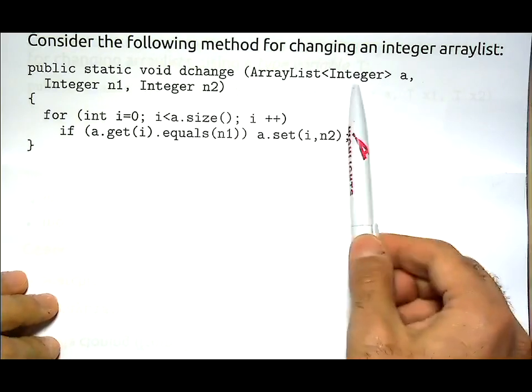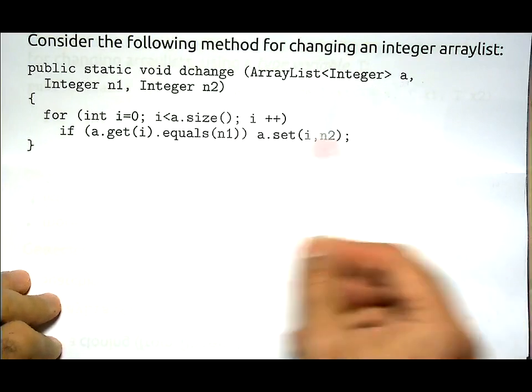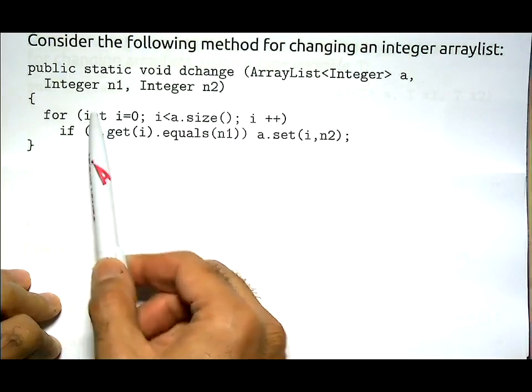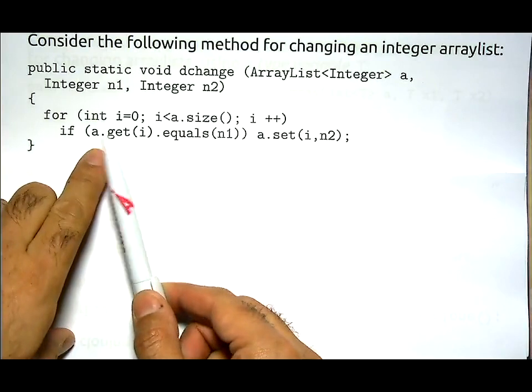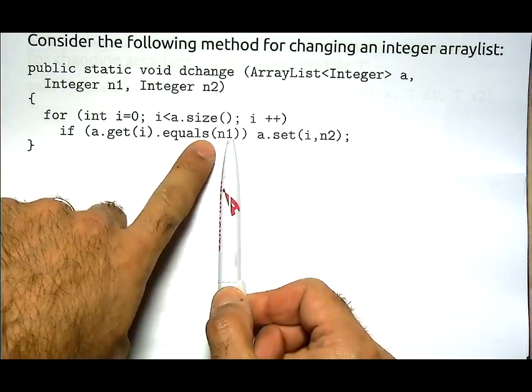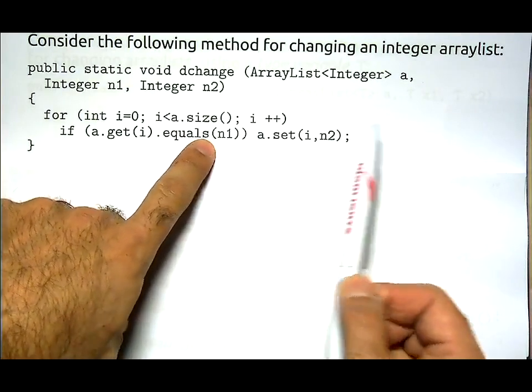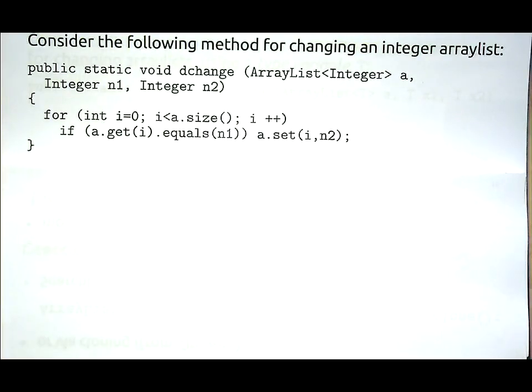So what does this do? You take an array list A, integer n1 and integer n2. It goes through the array list, and if it sees that the ith element is n1, it sets it to n2. So it basically replaces each occurrence of n1 with n2. It's like the replace method we saw for strings, basically.